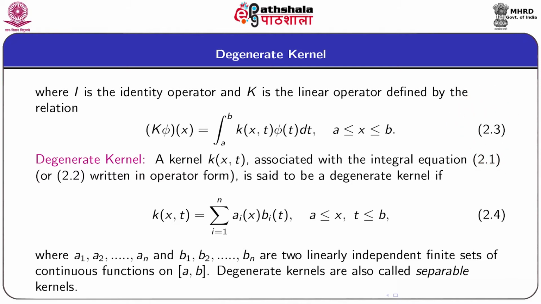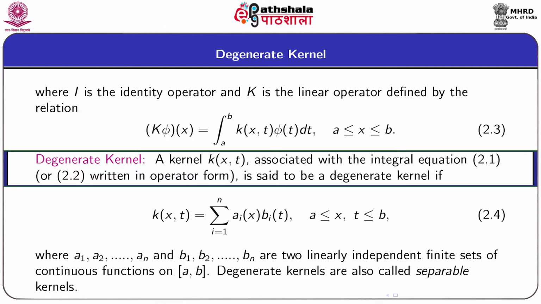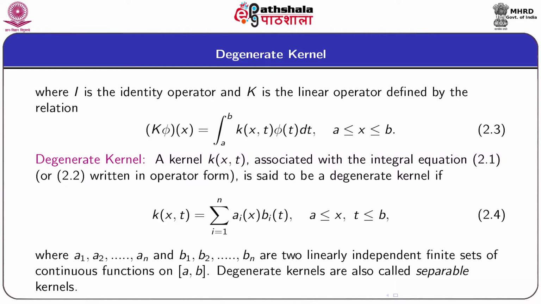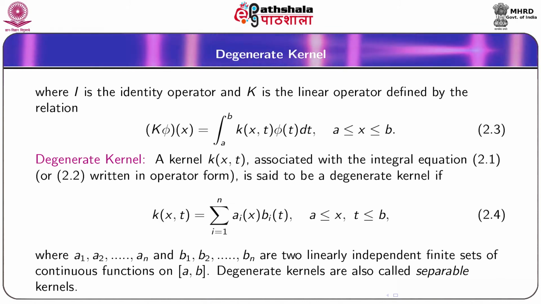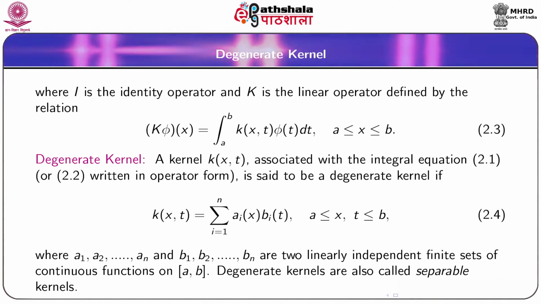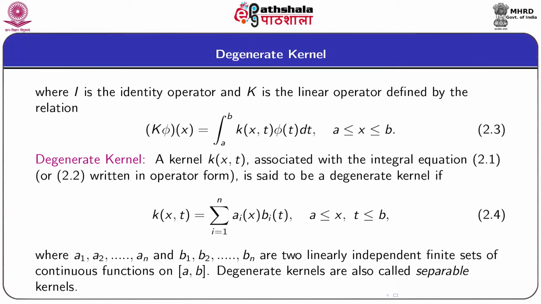Now the question comes, what is called the degenerate kernel? A kernel k(x,t) associated with the integral equation 2.1 or 2.2 is said to be degenerate if this kernel k(x,t) can be expressed as a finite sum of product of two functions a_i(x) and b_i(t) as given in the equation 2.4.